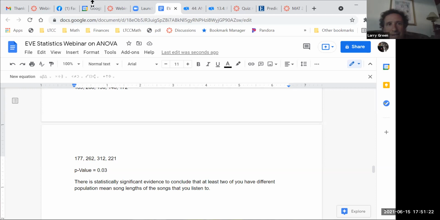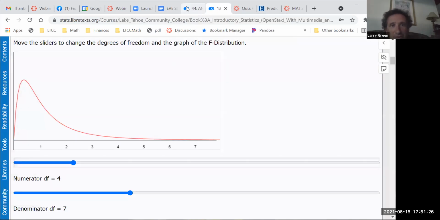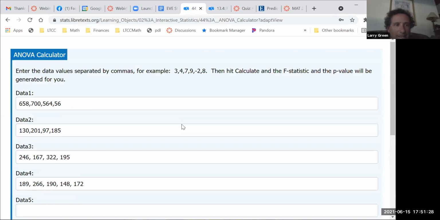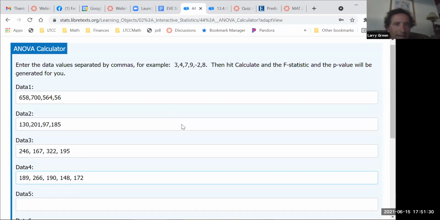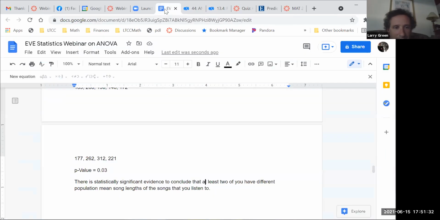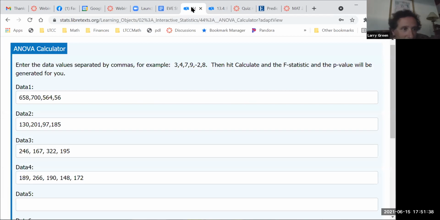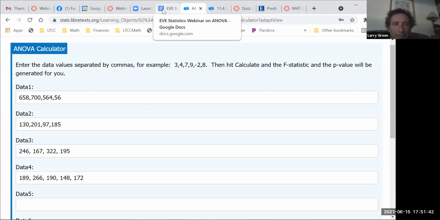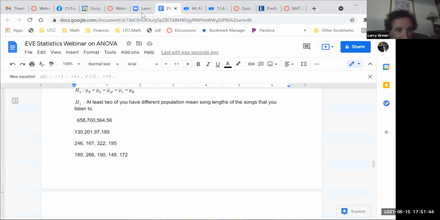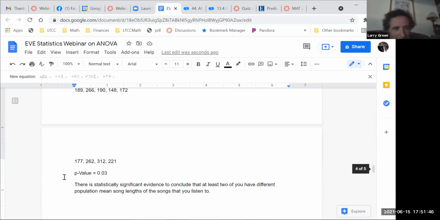Did I miss a data set? Okay, I was rushed because we're kind of out of time. But let's see. You got that data set for, oh, I guess so. So who did I miss? 658, 130, 246, 189. Ah, because it was on the next page. It always does that to you. Yep.